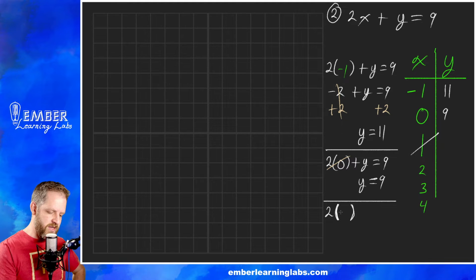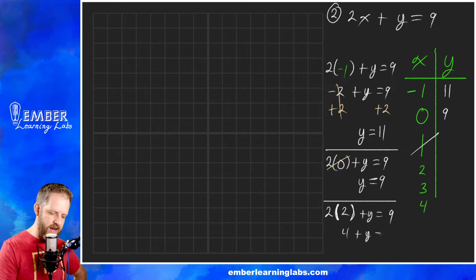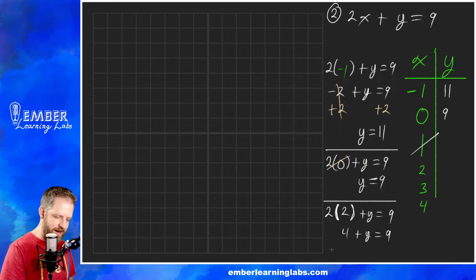So 2 times 2 plus y equals 9. 2 times 2 is 4, plus y equals 9. We're going to subtract that 4 off because that's what would get rid of it. Minus 4, minus 4. Having trouble drawing a straight line at the bottom of my screen here.